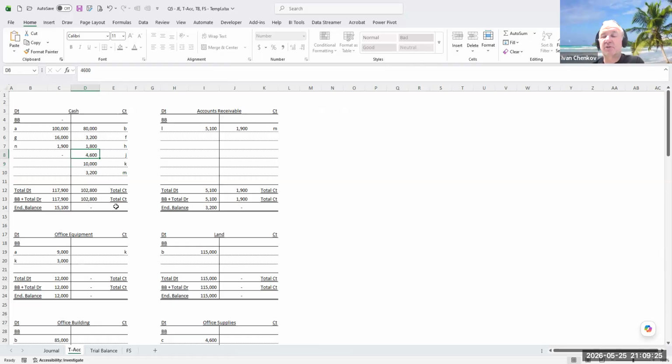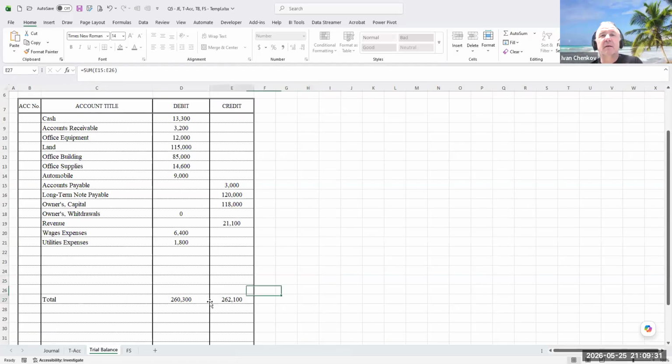If you want a transposition, we can flip this one, 6,400 for example, and then right away we're going to have a mistake here on the trial balance: 626,100 minus 260,300, a $1,800 mistake. 1 plus 8, 9. Flipped numbers.